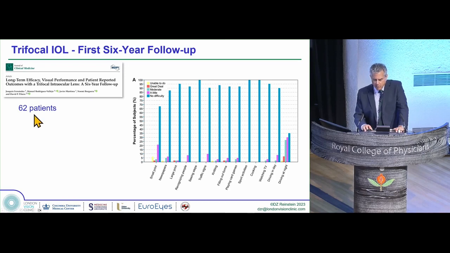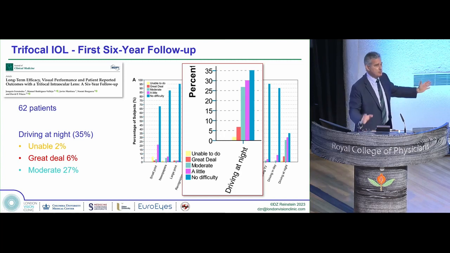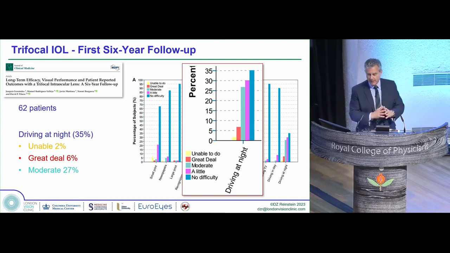And then we have Joaquin Fernandez, and this is very interesting because in Spain, people's pupils are smaller, and he did a 5-year follow-up study, and what they found was that 35% had difficulties driving at night, 2% couldn't, 6% had a great deal of difficulty, and 27% were moderately impaired at night. And this is the Zeiss trifocal, and it's in a population of people with brown eyes and small pupils.